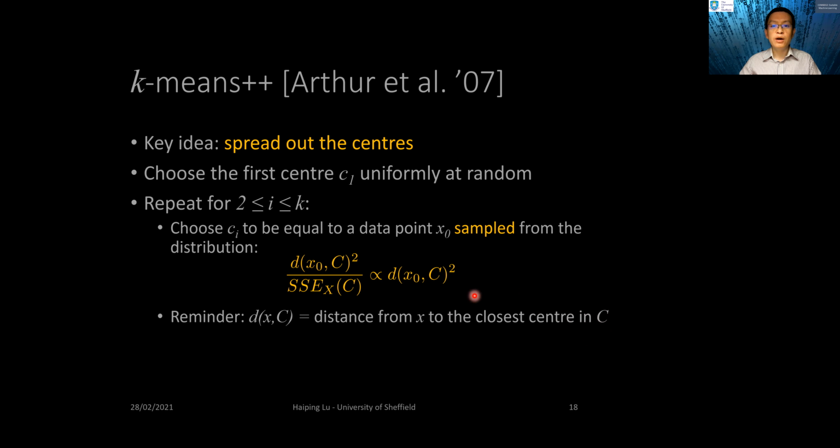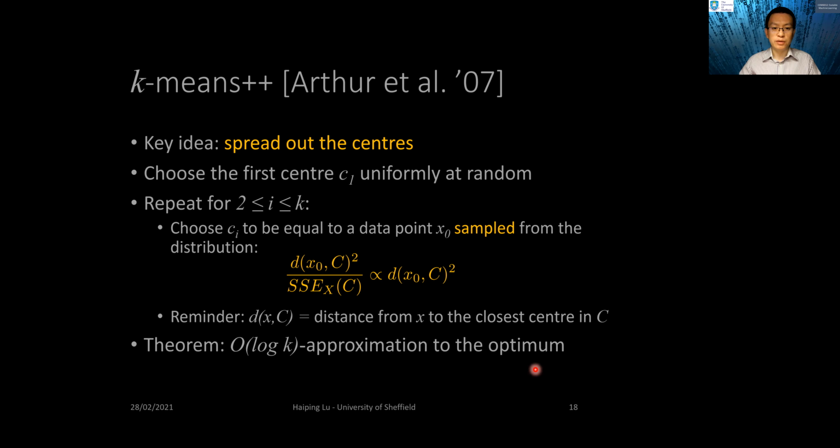So in this way, we are trying to spread out the centers. In the original paper published in 2007, there is also a theorem to prove that this is a very good approximation to the optimal solution to k-means. That is more technical, so we are not going over that. But if you are interested and good at math, you can visit that paper to learn.